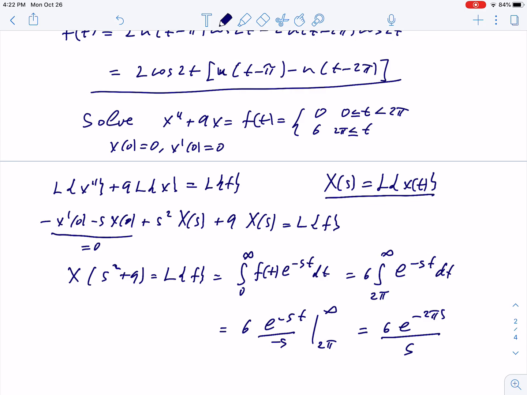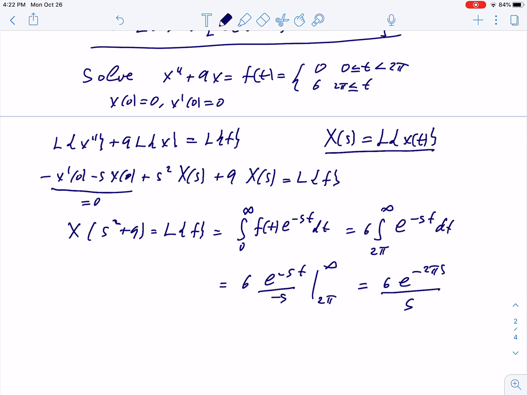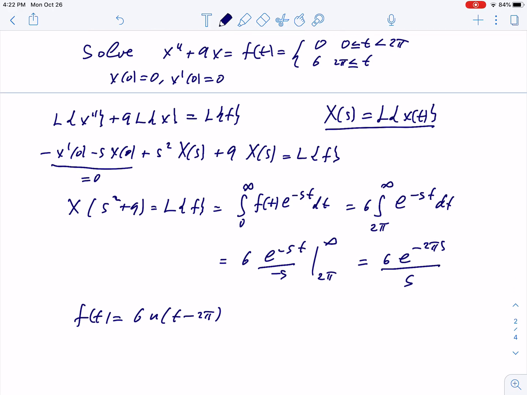It looks sort of familiar, and indeed you can see that the function f actually can be written this way: 6 times u, the step function, of t minus 2 pi. And then using the Laplace transform of the step function, you get the same answer. If you cannot express f in terms of u, better go with the definition and compute some simple integral.